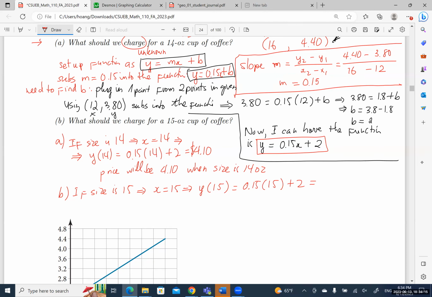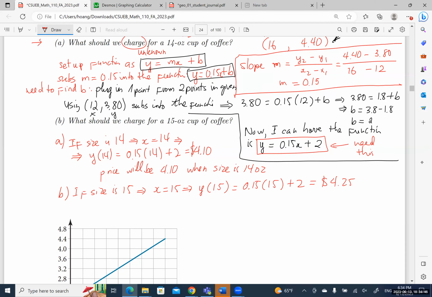And using calculators, you must get $4.25. So basically, for this kind of problem, we need the function to estimate with missing information.